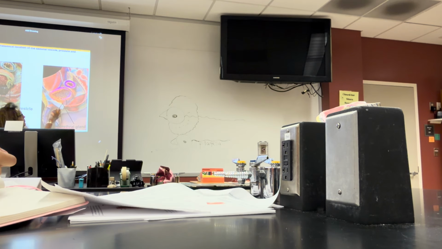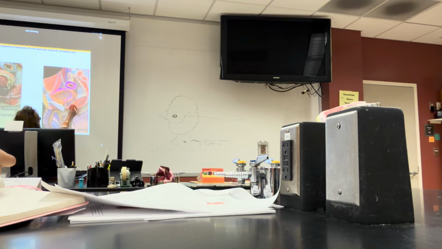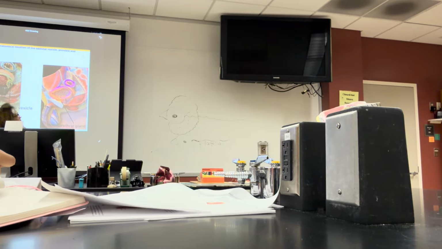Now, this is the bulbourethral gland. That's the prostate. That's the prostatic urethra. That's the ejaculatory duct. And that's basically the ampulla of the ductus deferens, which actually joins the duct of the seminal vesicle and then becomes the ejaculatory duct. Now, this is the bladder.